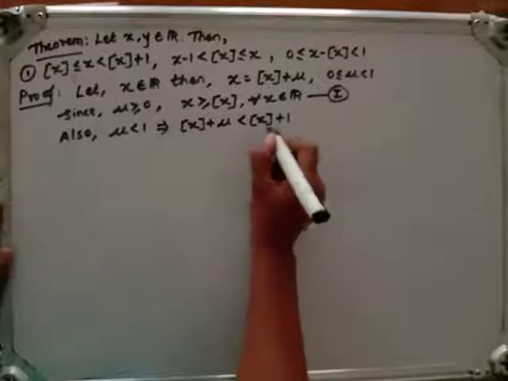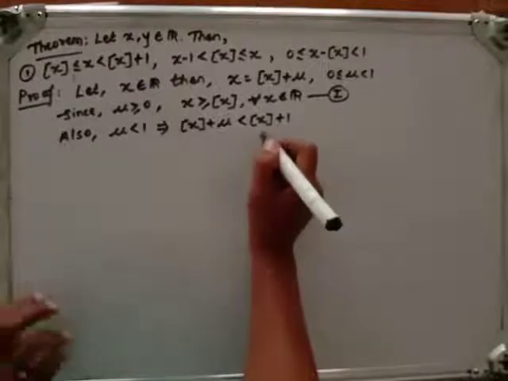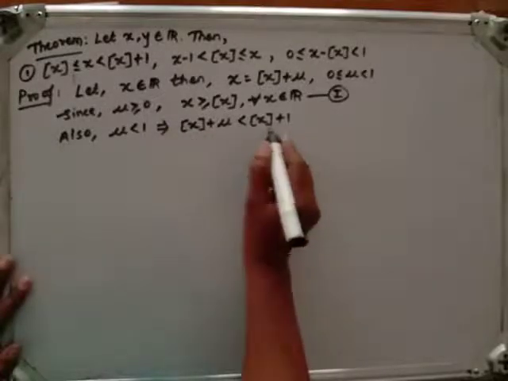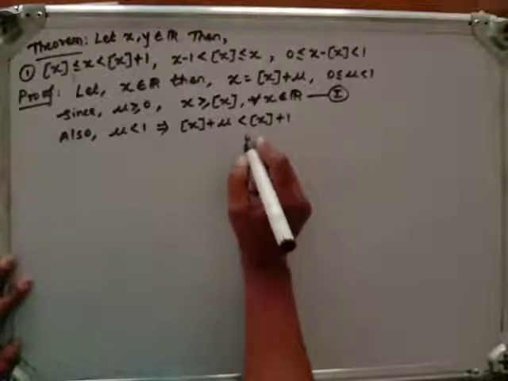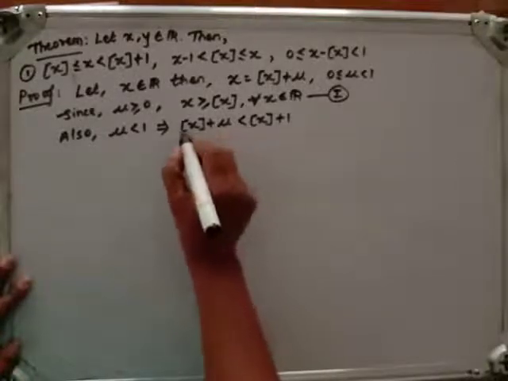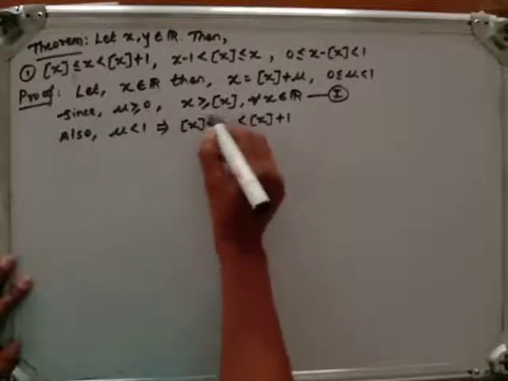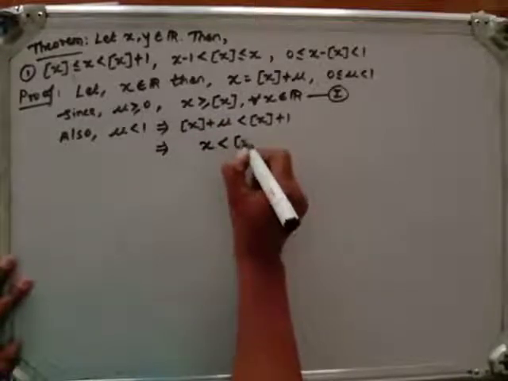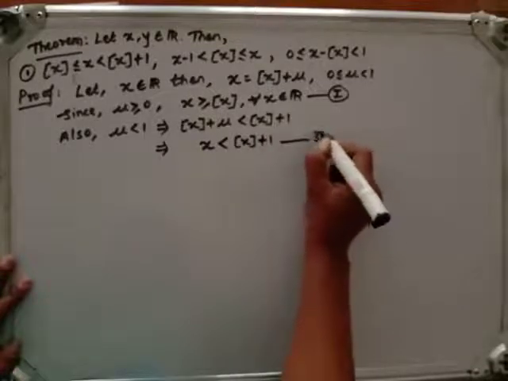The greatest integer function is some value, and the inequality remains the same. Now this part is nothing but our x. So x is less than the greatest integer function plus 1. Call it equation number 2.